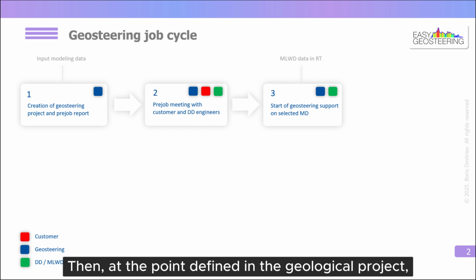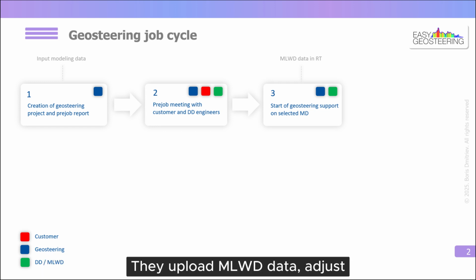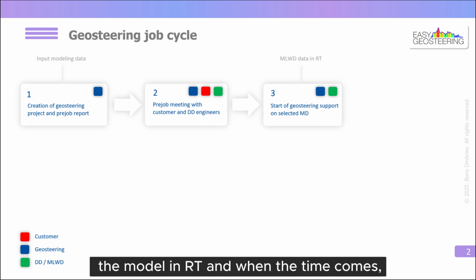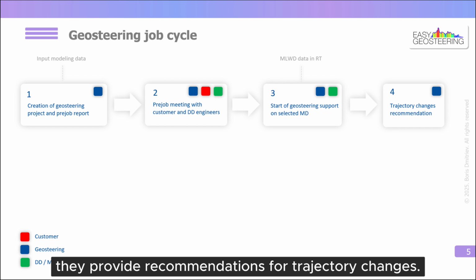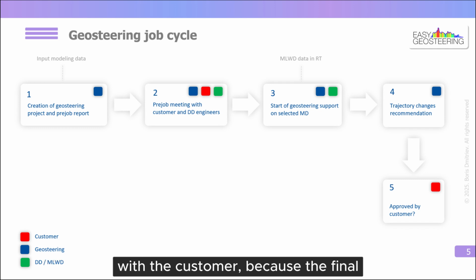Then, at the point defined in the geological project, the geosteering engineer begins monitoring the situation. They upload MLWD data, adjust the model in real time, and when the time comes, they provide recommendations for trajectory changes. And it is necessary to coordinate these recommendations with the customer, because the final decision remains with them.